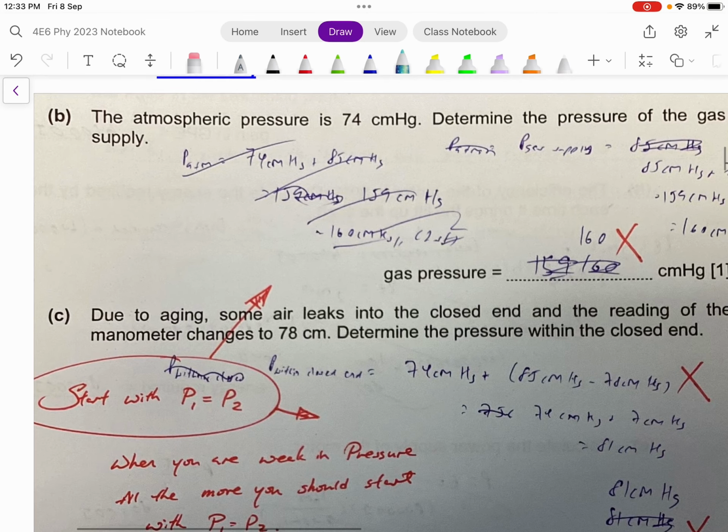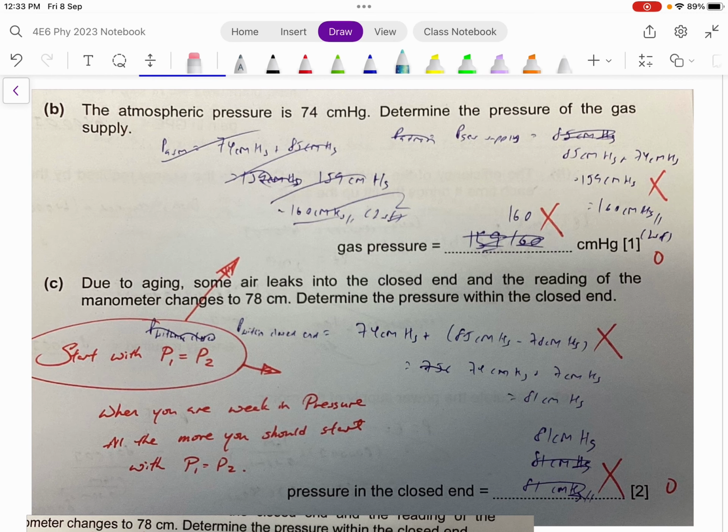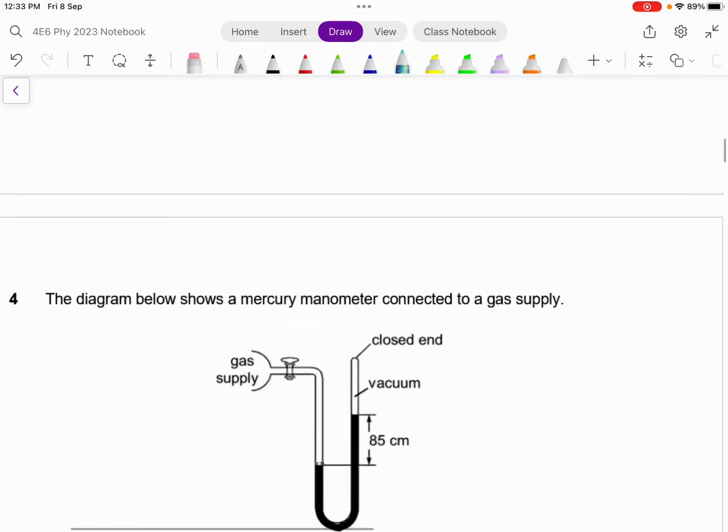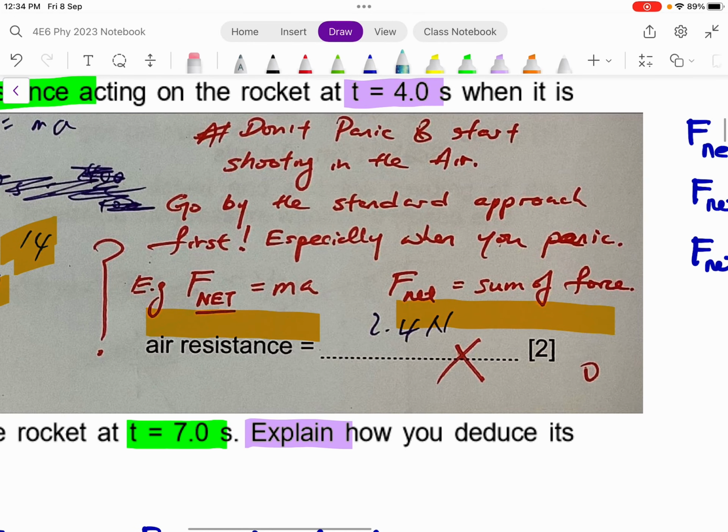Okay, for B and C, I'm not very happy, especially with those who didn't get it correct. You can see that, again, there is this feeling of panic when students see this question. As I was sharing in the earlier video about question 2, whenever you panic, do not just hum-tum.